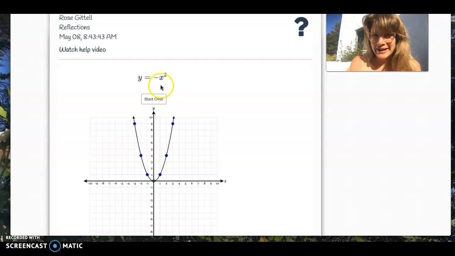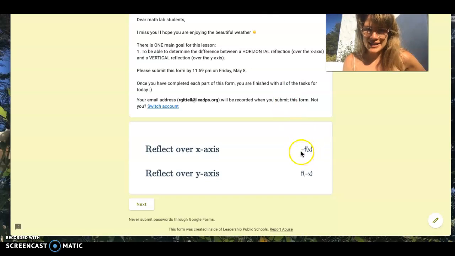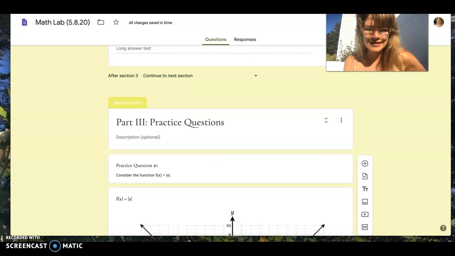So if there's no parentheses around here, then we're assuming that the negative is the coefficient. It's actually outside of the function. So looking back, when it's outside of the function, that's going to be a horizontal reflection over the x-axis.